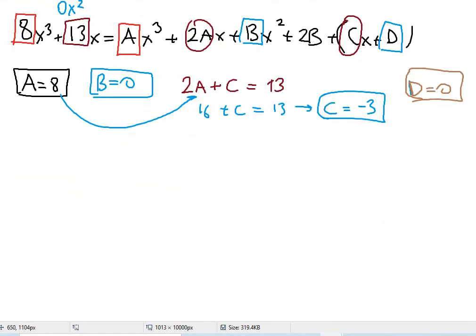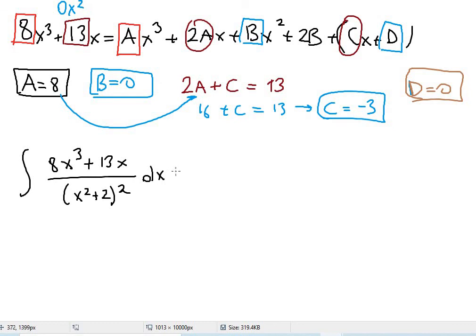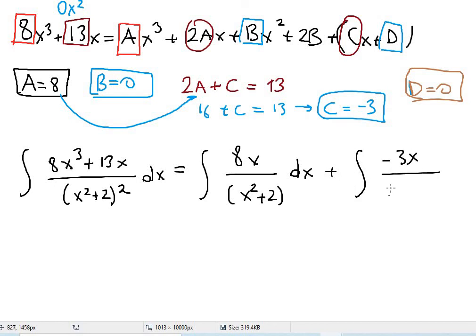So our integral, which is 8x cubed plus 13x over x squared plus 2 squared dx, turns into the integral of 8x over x squared plus 2 dx plus the integral of negative 3x over x squared plus 2 squared dx.